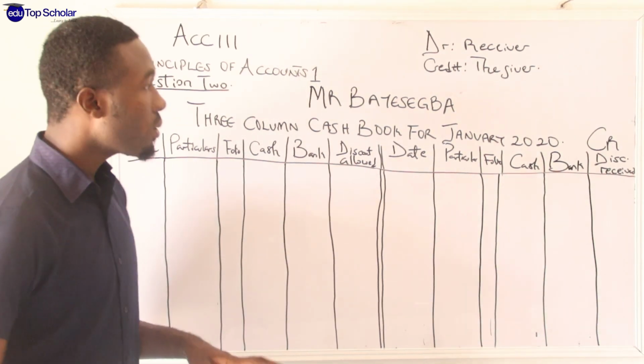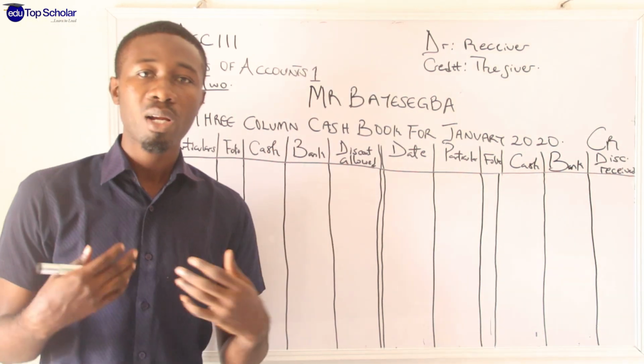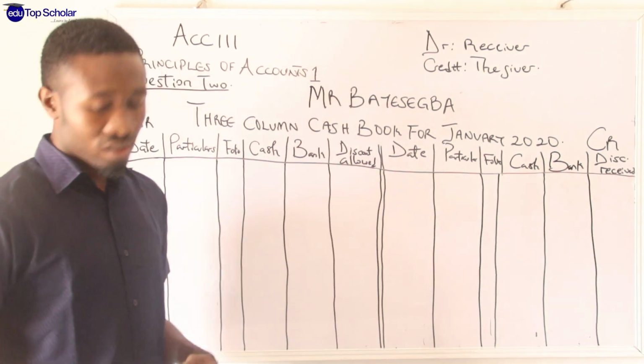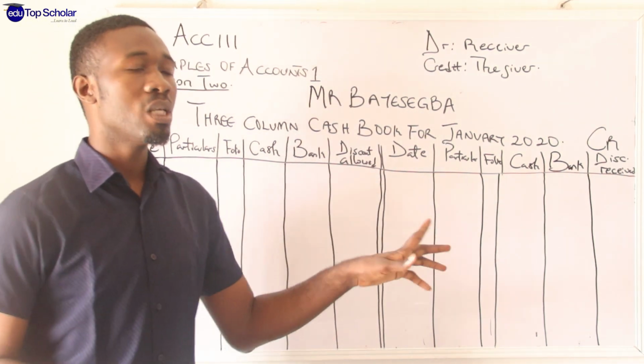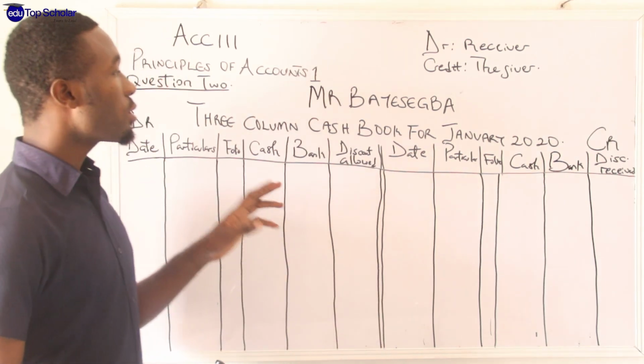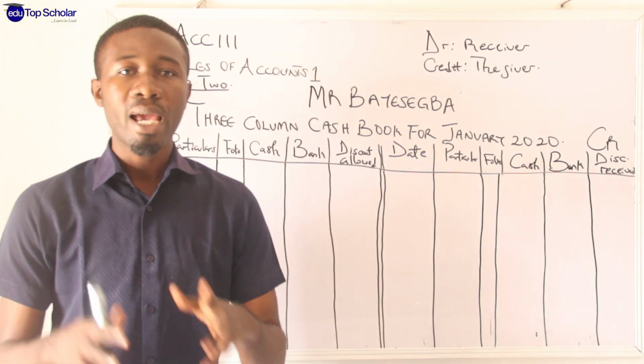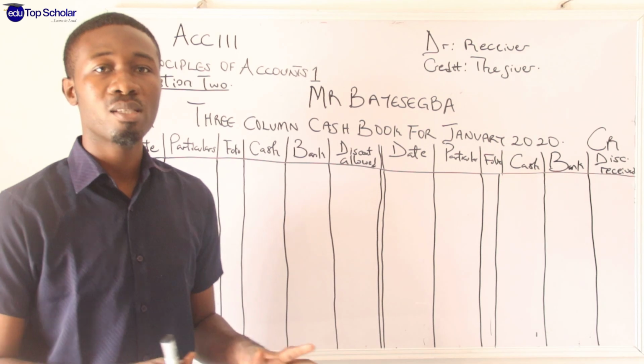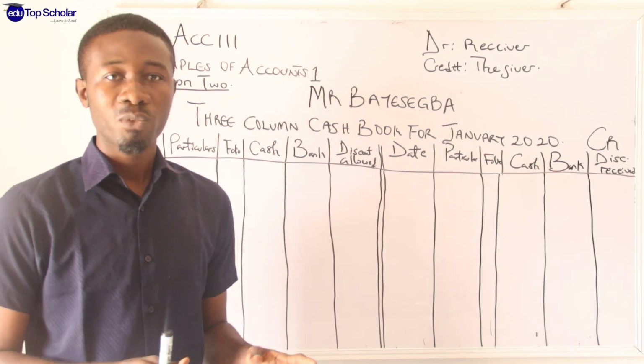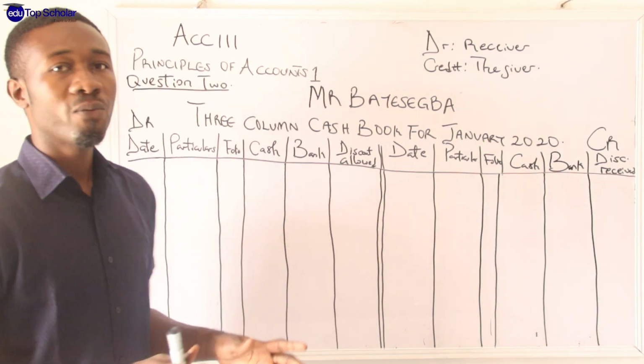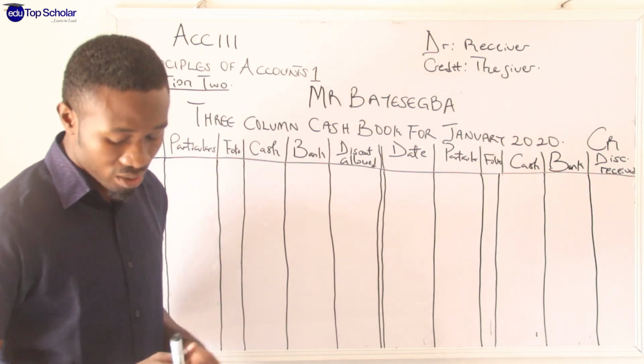So first, we know that Mr. Baye Shegba is the owner of this business, and he puts his own money into the business. And to record such a thing, we know that any money that is used to start a business is called capital. So we know that he invested his capital into the business.